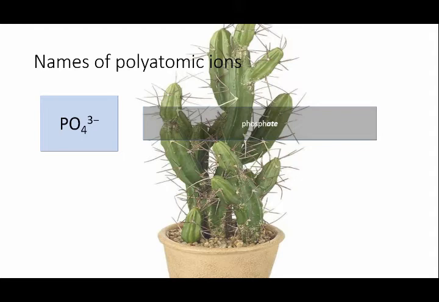For example, phosphate. This polyatomic ion consists of phosphorus atom and oxygen atom, and the charge for this polyatomic ion is -3.